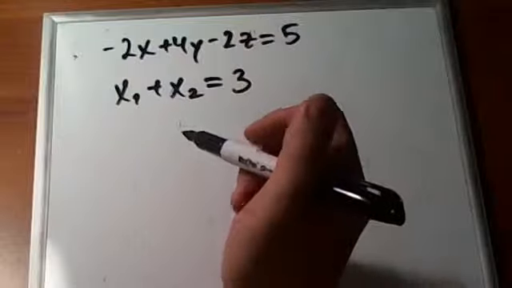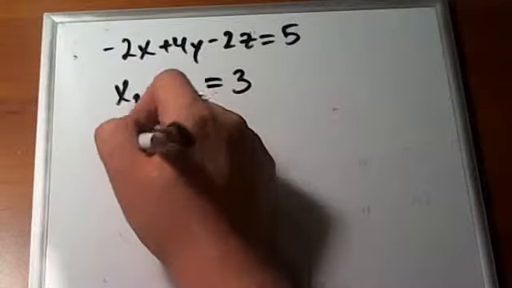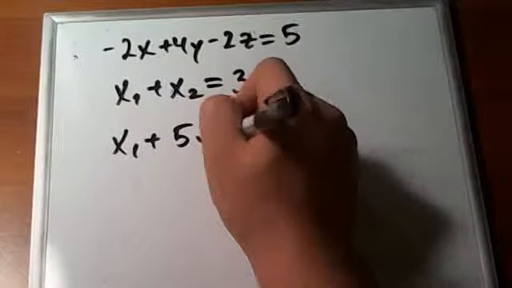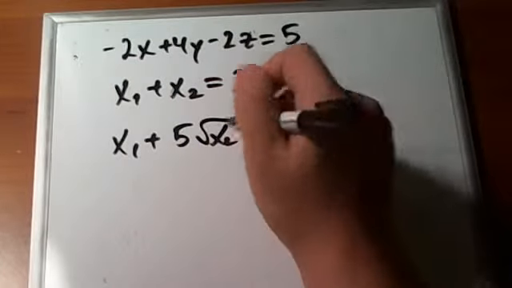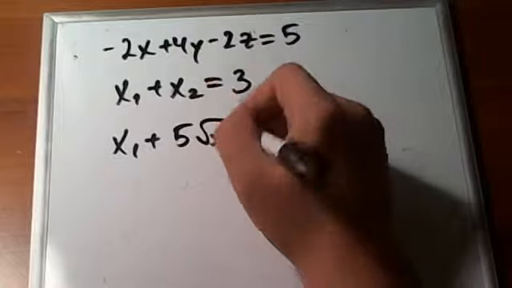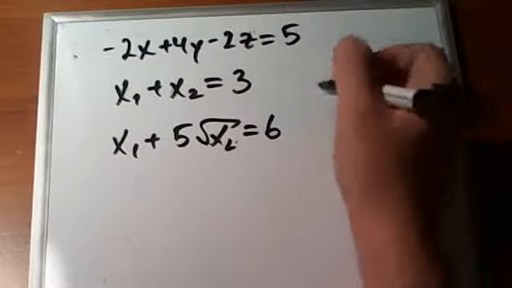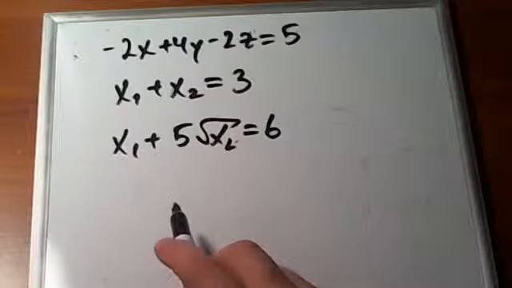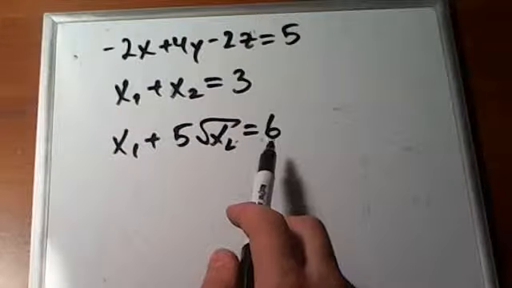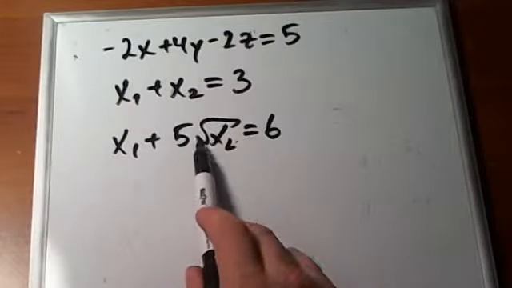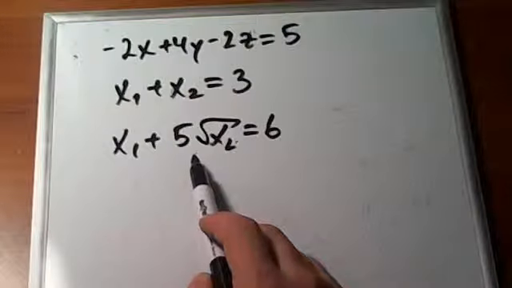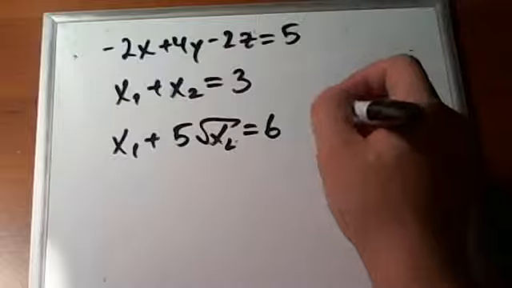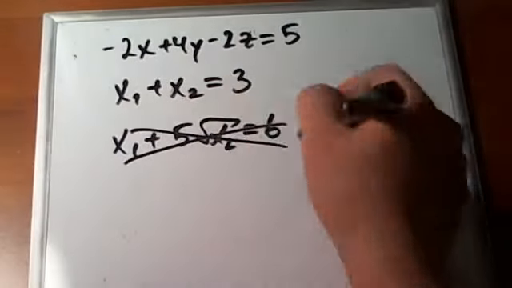Let's say x1 plus 5 square root of x2 is equal to 6. Do you think this is a linear equation? Well, I hope you answered no, because it's got a square root over our second variable x2, therefore it's not a linear equation.